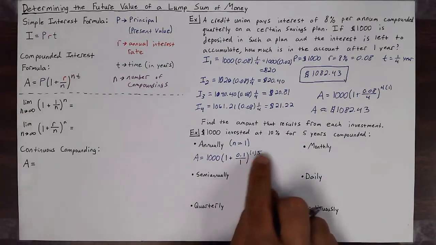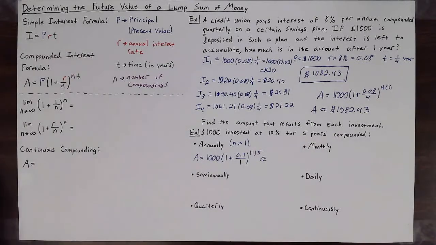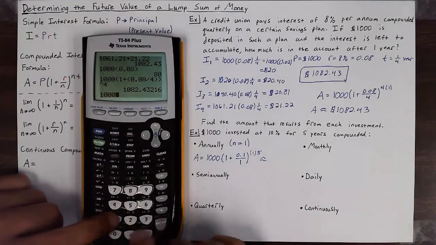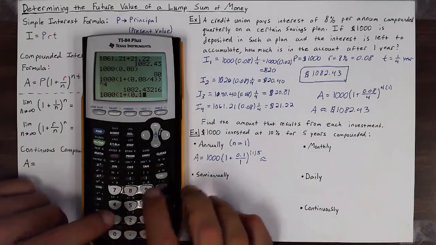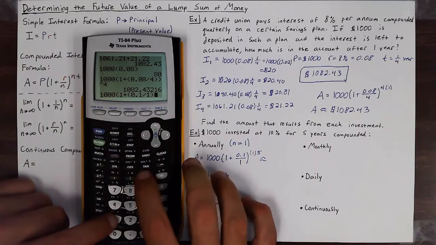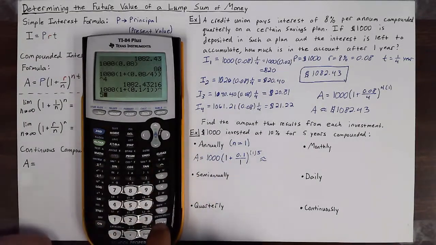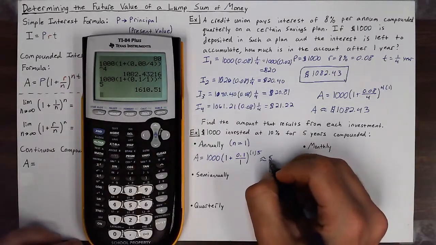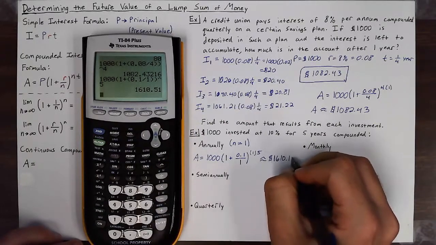So only 1 time a year. So doing this, my future value will be 1,000 times 1 plus 0.1 divided by 1, raised to the 1 times 5 power, which is just 5, giving me $1,610.51.